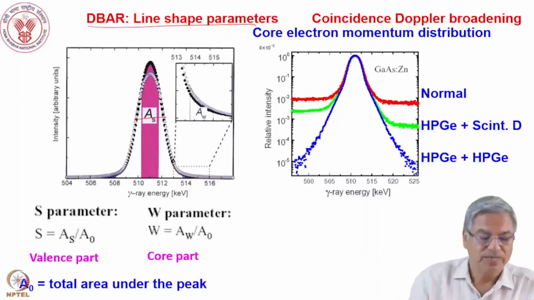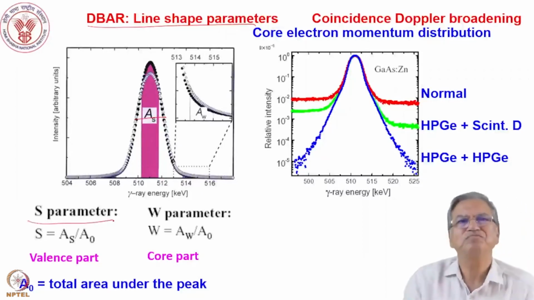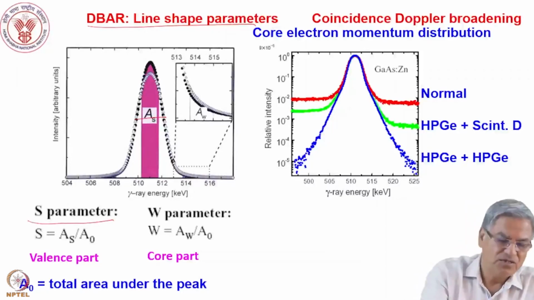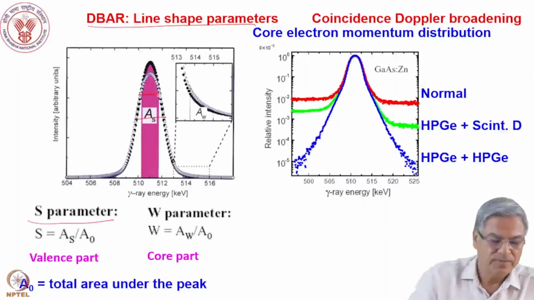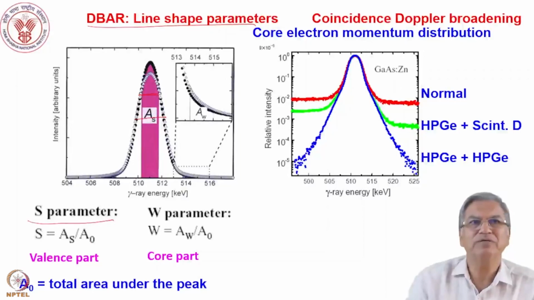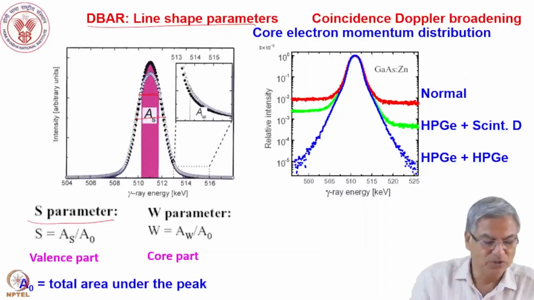And so there is a certain parameterization called the S parameter. The S parameter is defined as the area under this graph up to a certain width upon the total area. So the area of the pink shaded region upon the total peak area is called the S parameter.